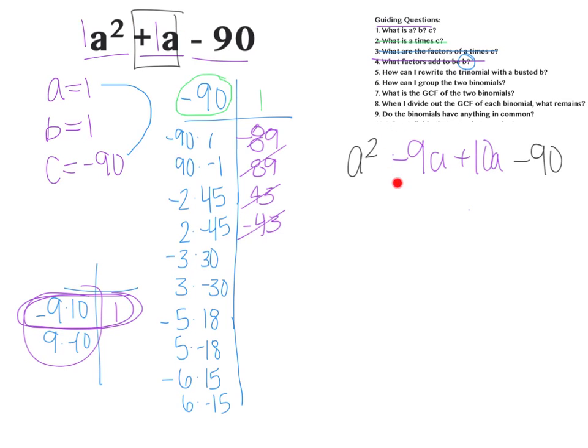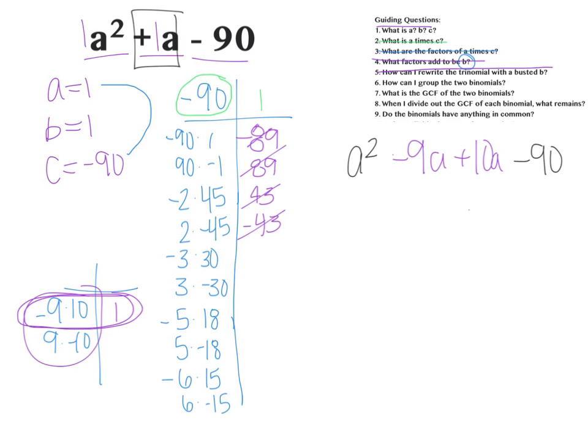So all I've done is I've taken that b term and I busted it into 2 pieces that are still equal to this original one. Okay? So I have rewritten my trinomial with a busted b. So I broke that 1a into negative 9a plus 10a.